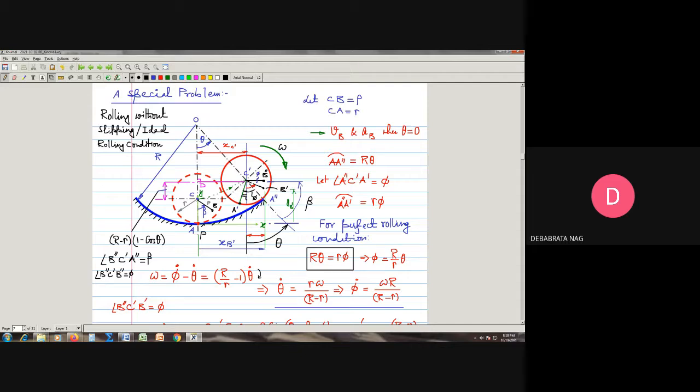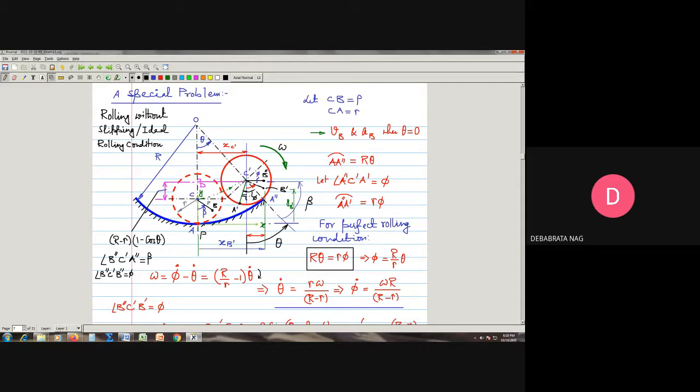Now how can we calculate this distance? It's very simple. You just need to find the angle this c dash b dash is making with respect to this vertical line, this red arrow. You can very simply see that this much angle is theta.